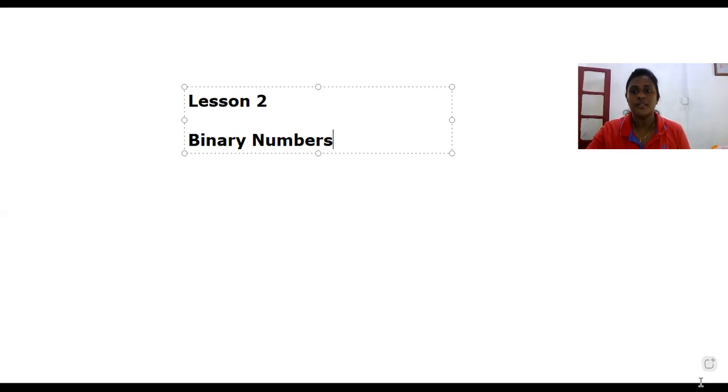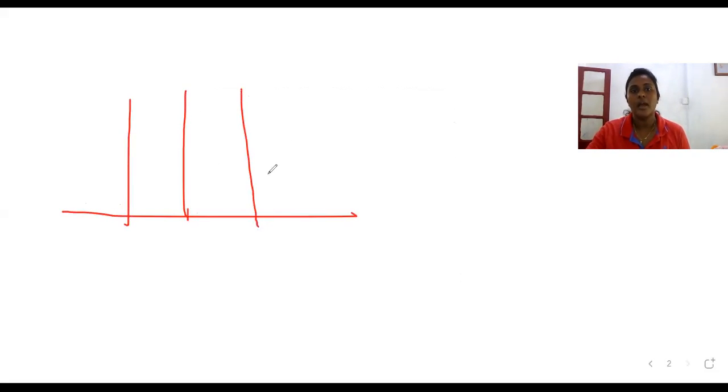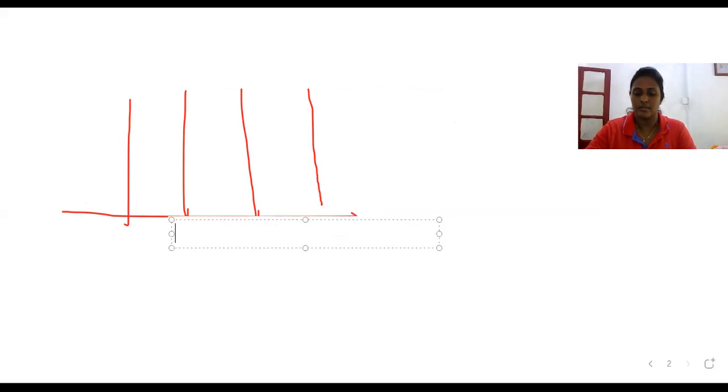I'll recall another thing you have learned in previous grades. You have learned how to draw an abacus. Here there are 4 rods. This is the ones, this is tens, this is hundreds, and this is thousands.